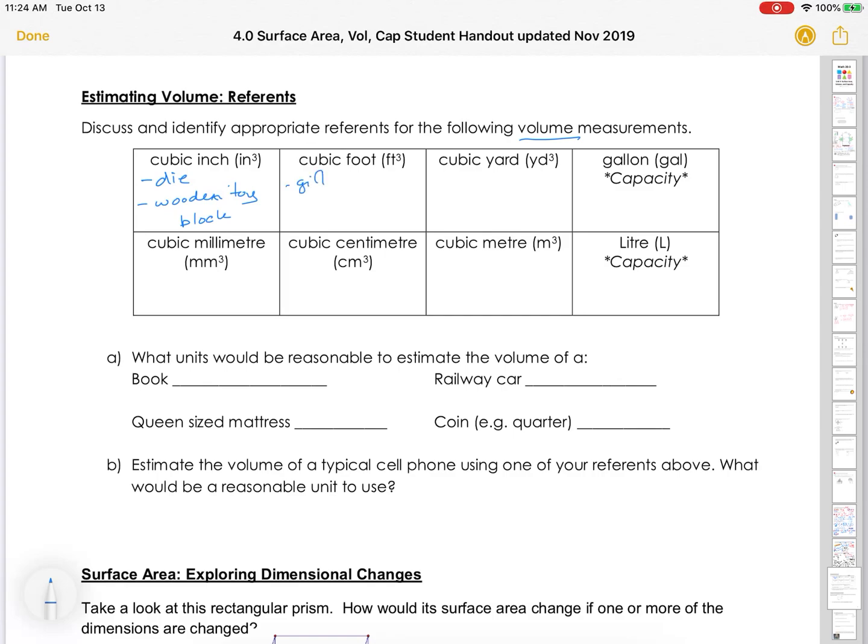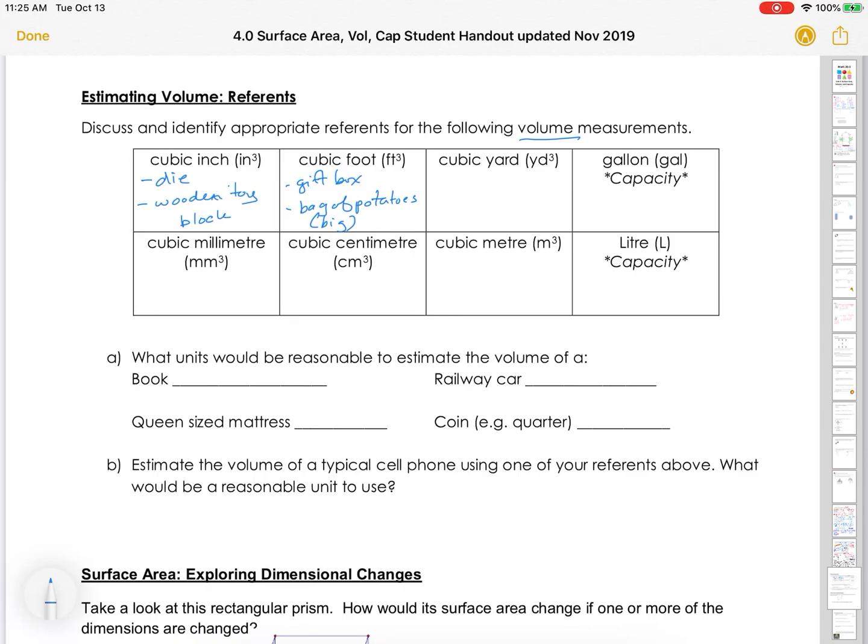Cubic foot, so a foot by foot by foot, maybe a gift box, if it's a big gift box, right? Or perhaps a bag of potatoes. Doesn't have to be rigid. This would be a big bag of potatoes, right? Not just a little 5-pound bag, okay?